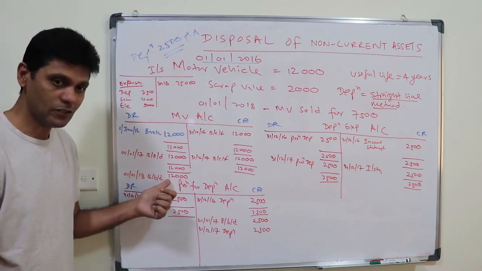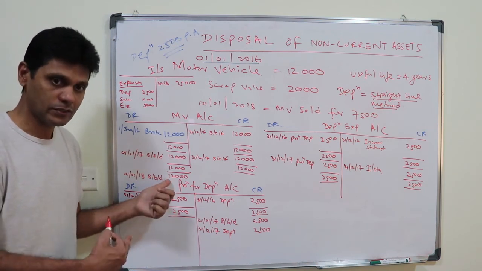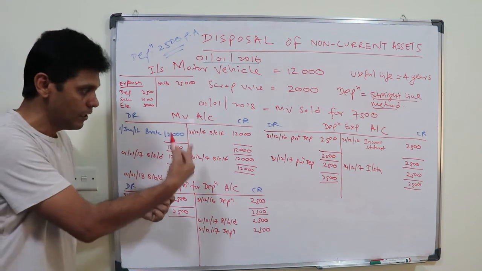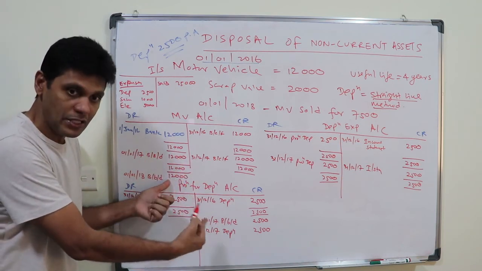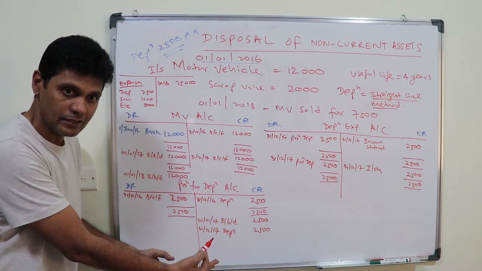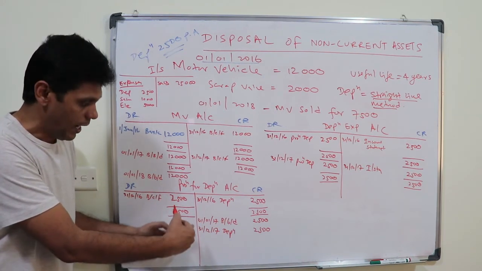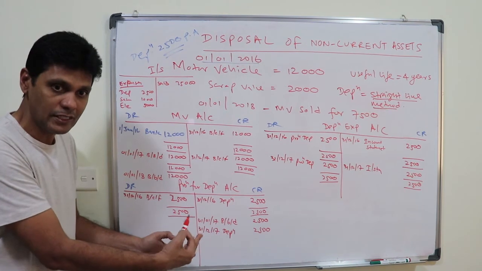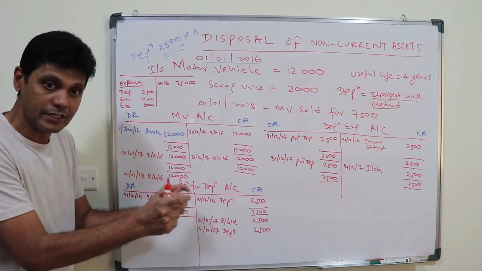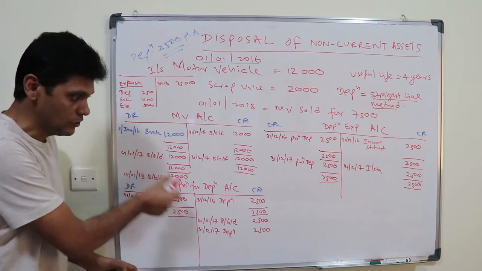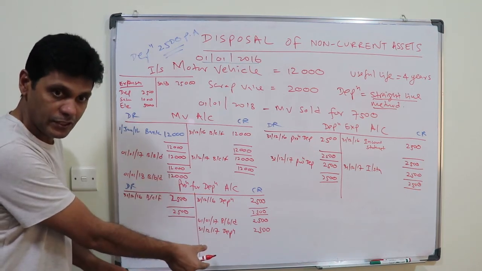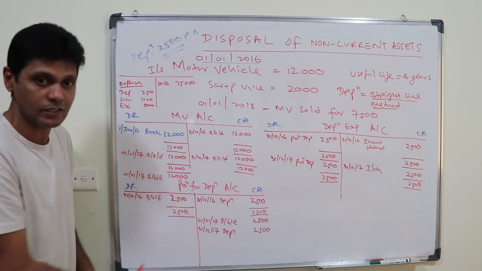But the actual initial cost was 12,000. We are just carrying it forward, and along with that the depreciation part also. If you want to see the real value of the asset at a given point of time, you should compare the cost with the depreciation provided in the provision account.